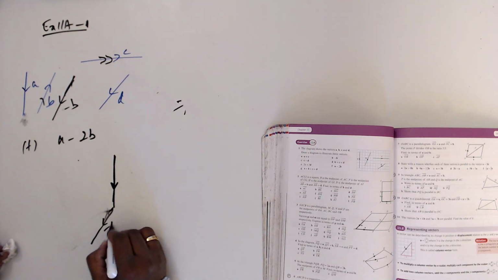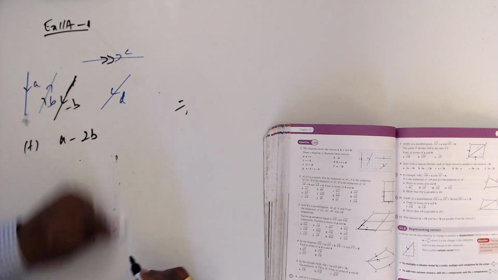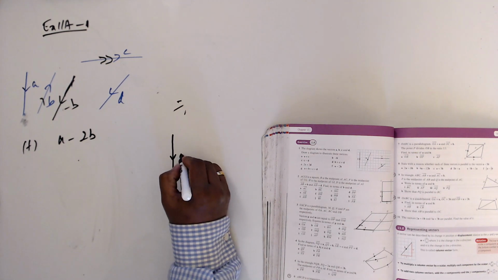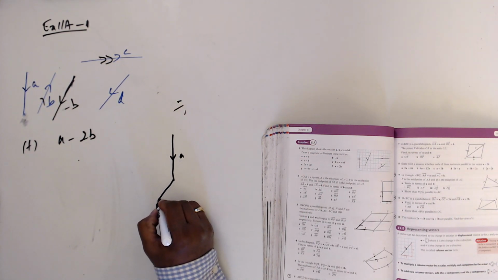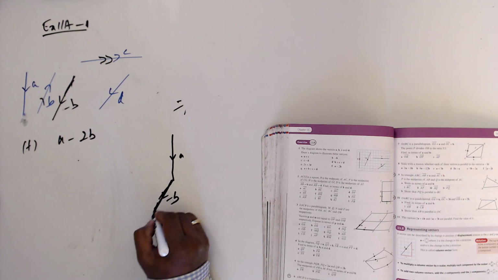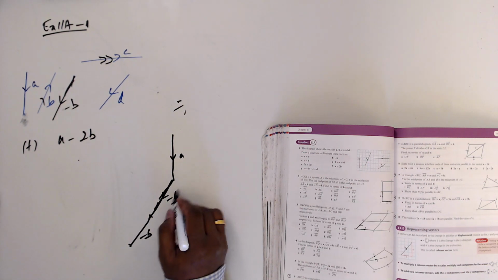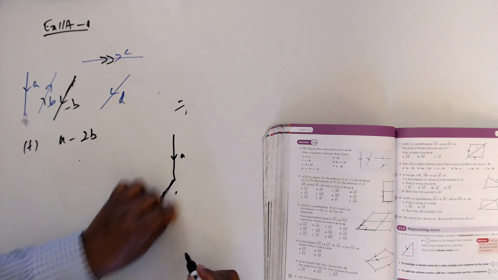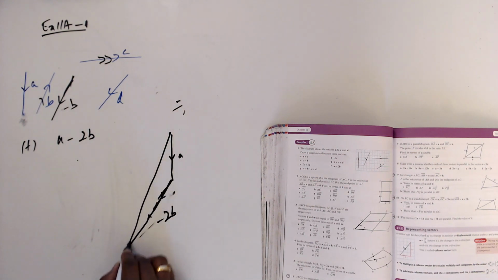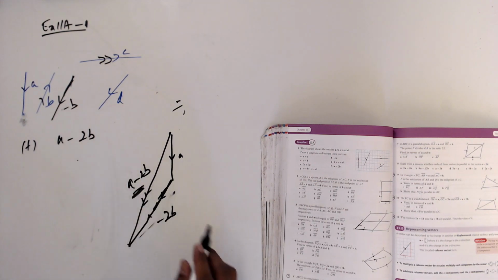So this is minus B and another minus B. This is minus B and another one. So this is minus B and minus B. It's going to be minus 2B. Now this is the one: A minus 2B.